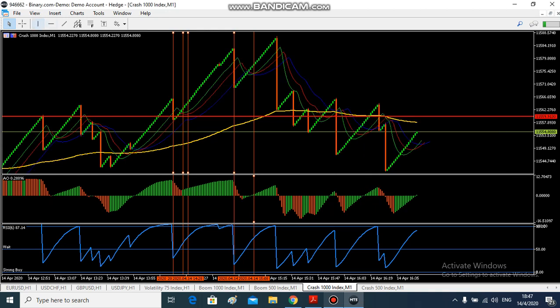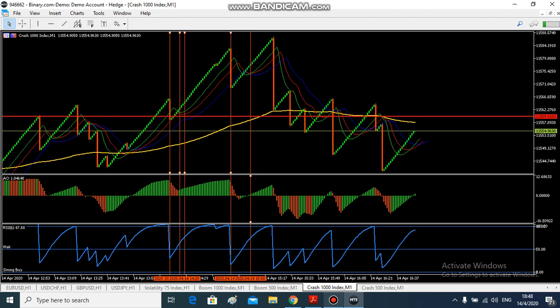As you can see right now, price is above the Alligator. Price closes above the Alligator. The safe point is the first green bar approaching on our histogram. Then you go 1, 2, 3, boom, 100 pips achieved. We're done for this spike.